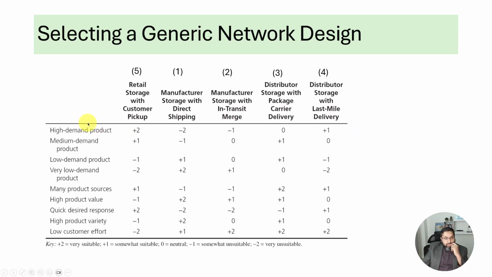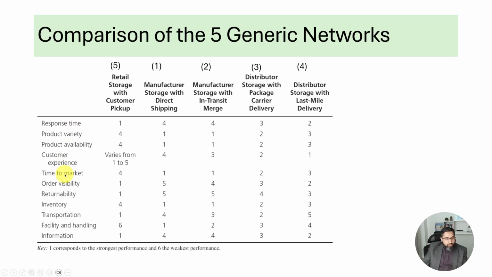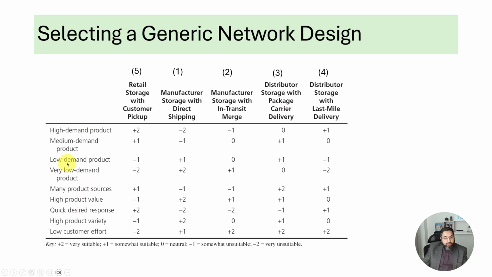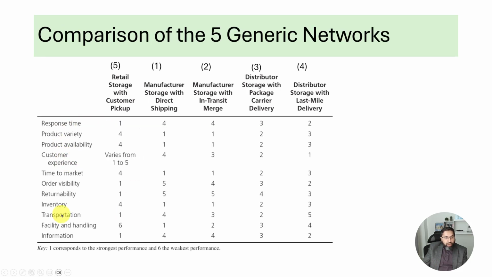Okay, this table is similar. It's about when is which one suitable. So positive points are good and negative points are bad. This is talking about product characteristics. This one is talking about cost and customers and the customer service aspects.